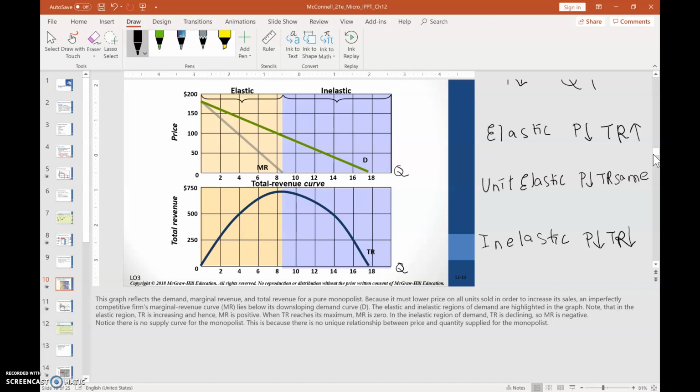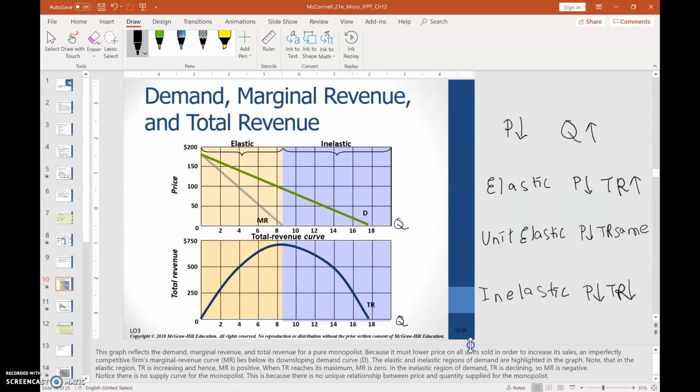So I have a demand curve, I have a marginal revenue curve. So because price is greater than marginal revenue when the output is more than 1 unit, the marginal revenue curve will always be below the demand curve.